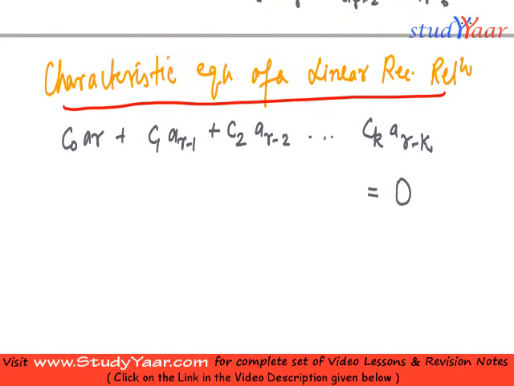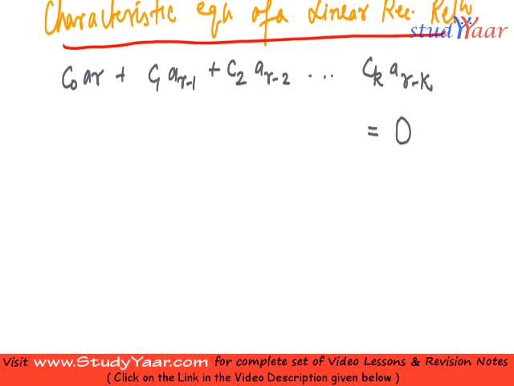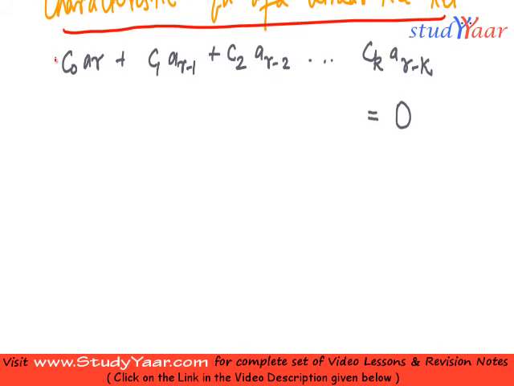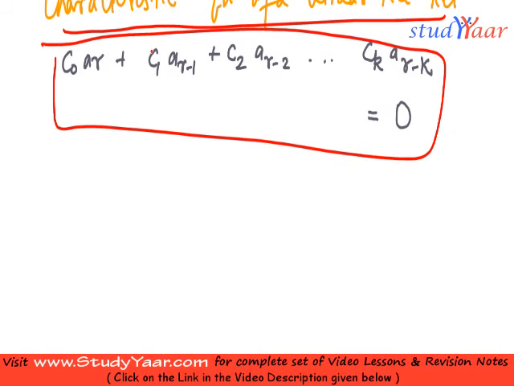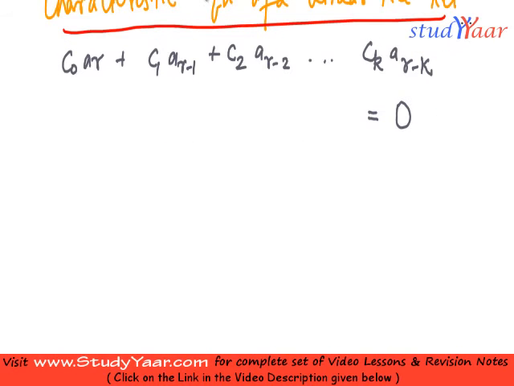Now let us understand what is a characteristic equation of a linear recurrence relation which is homogeneous. As you can see, if this is my recurrence relation, then for such a case where my recurrence relation is homogeneous, the characteristic equation is given like this.